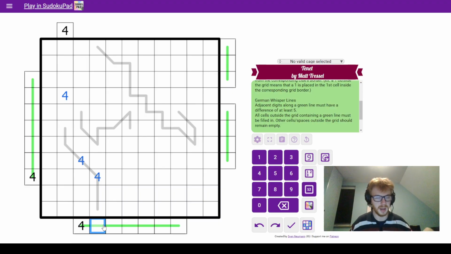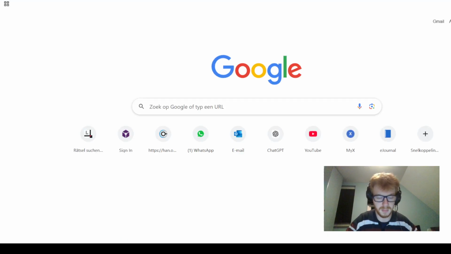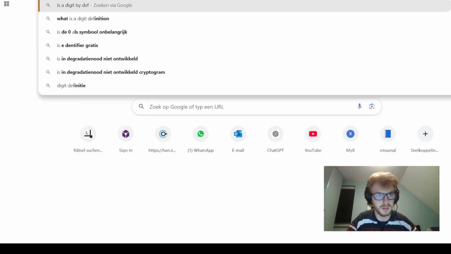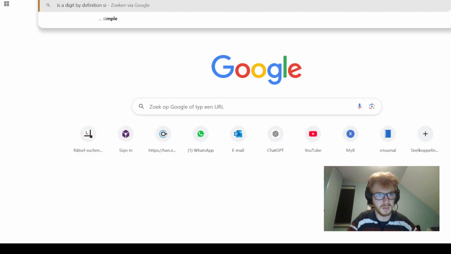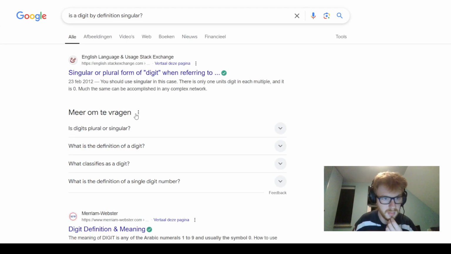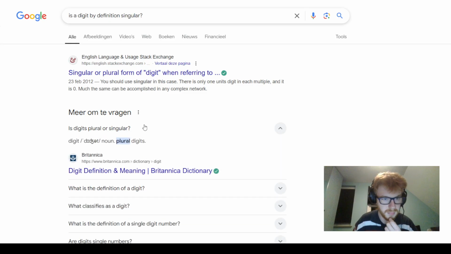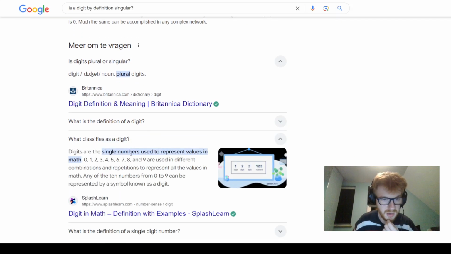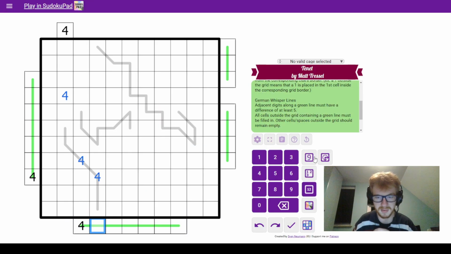I think I have to Google that, and I don't mind. Is a digit by definition singular? What classifies a digit? Single numbers used to represent values in math. Okay, so that is a 9.